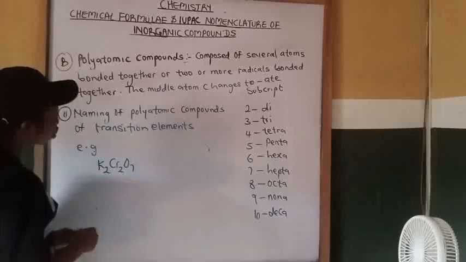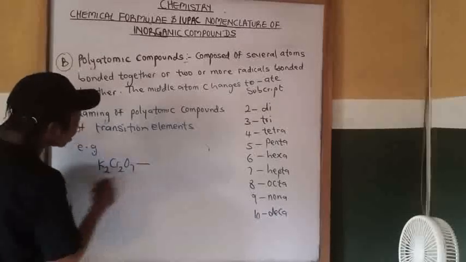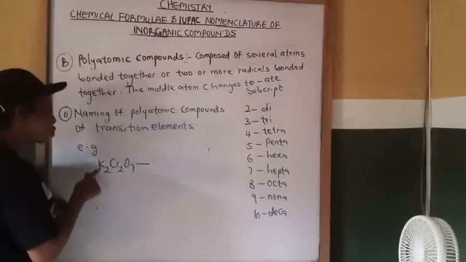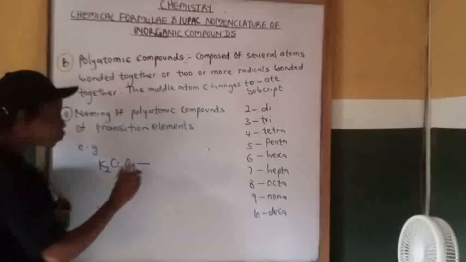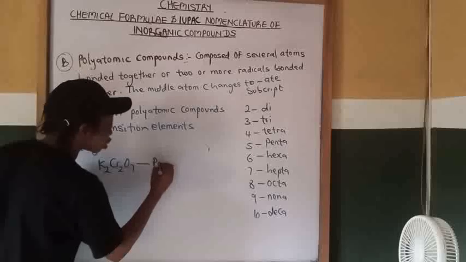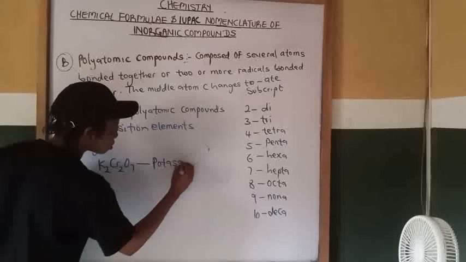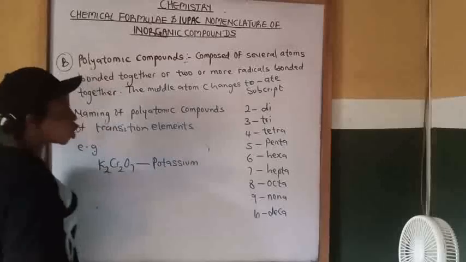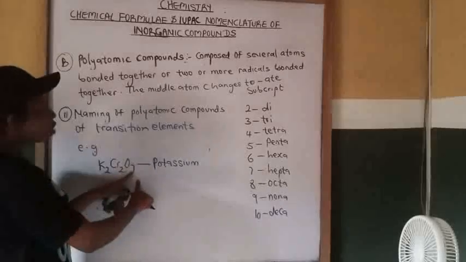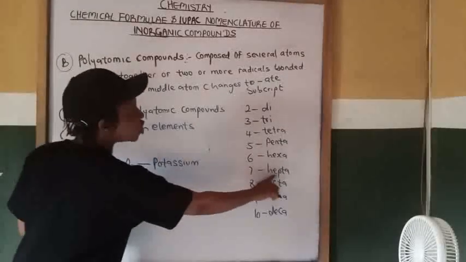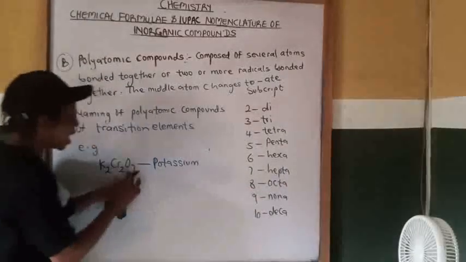So let's name this compound. Don't forget that we don't name subscripts of group 1 to 3 elements, so potassium remains potassium. Then how many oxygen? The subscript for oxygen must be named. That is 7, and 7 is called hepta.